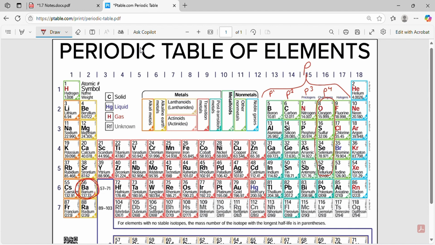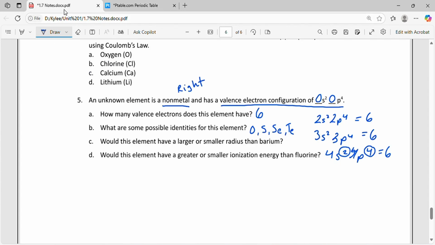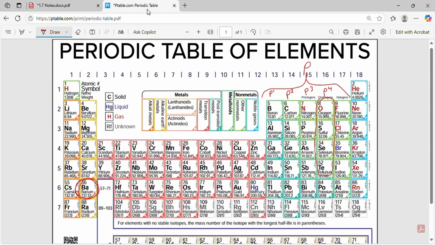Most of the options, the atomic radius of barium is going to be larger than our potential atom, because it has an additional energy level compared to the rest of my options. So over here, when it said, would this element likely have a larger or smaller radius than barium, I'm going to choose smaller. And again, that's because the majority of them are going to be smaller because they have fewer energy levels. If it was, I want to go back and look at polonium.